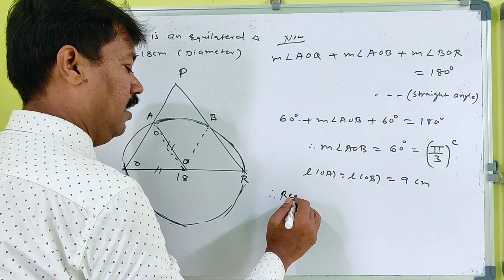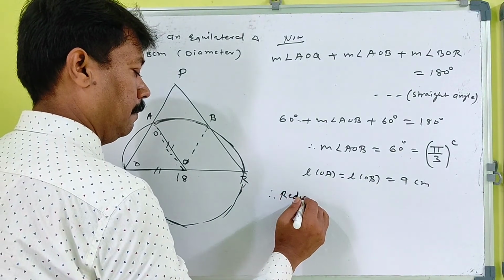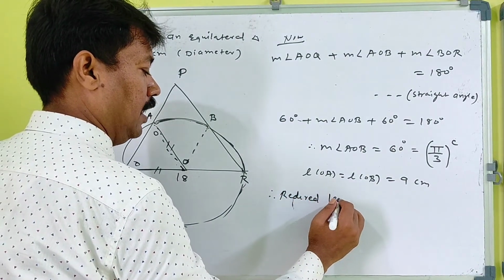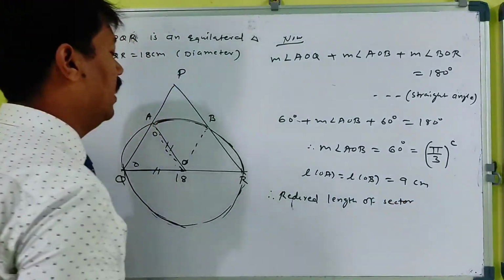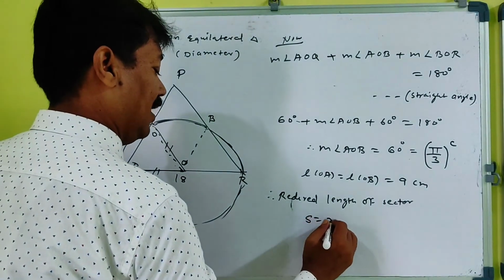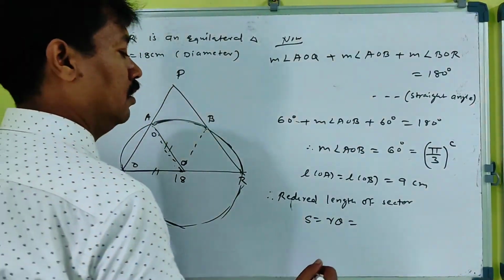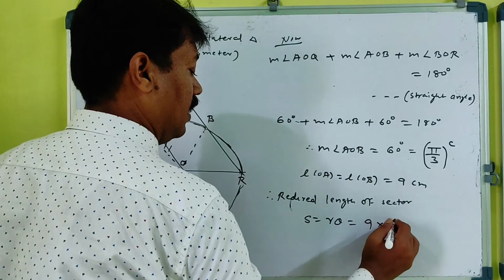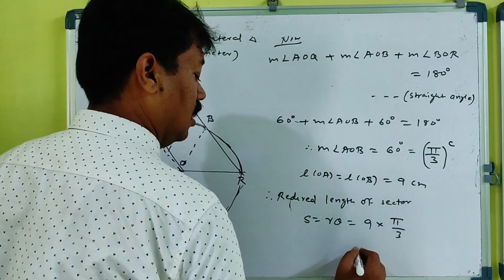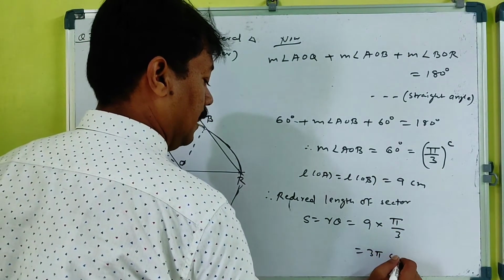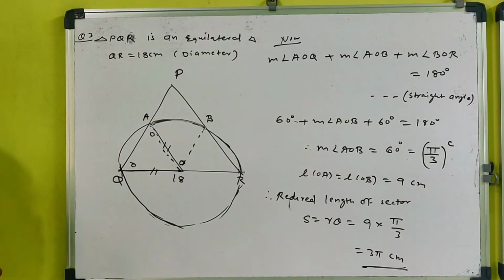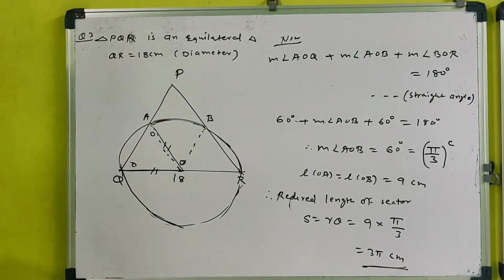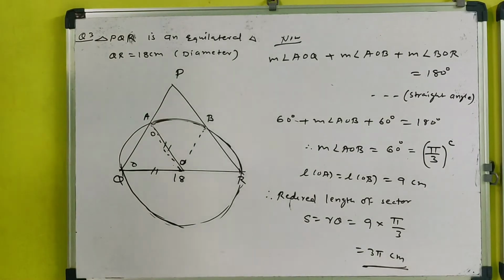Therefore, the required length of sector S is equal to what? R theta, R का value that is this 9 and theta का value pi by 3. This is cut. So answer is 3 pi centimeter. So this is the answer for this particular sum. थोड़ा complicated था, but see this.